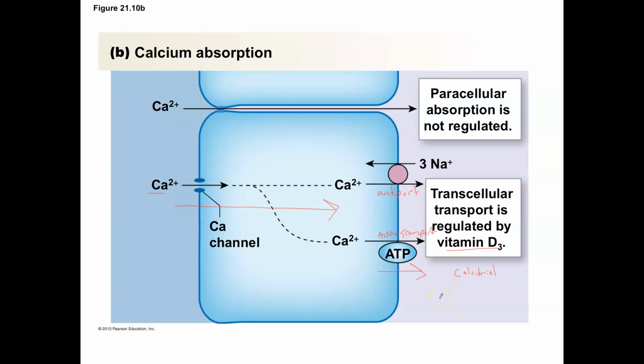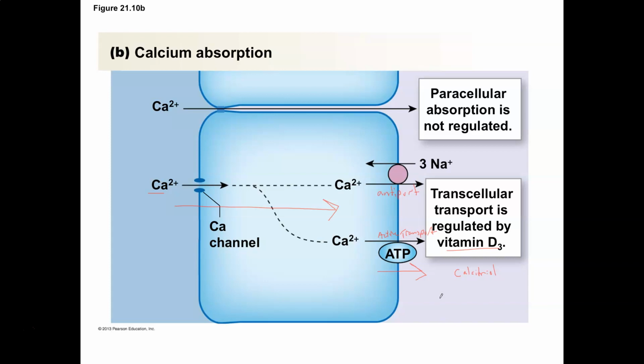So we use calcitriol to essentially enhance intestinal absorption of calcium. Whereas hepcidin, right, prevented iron from being absorbed, calcitriol increases the ability for calcium to be absorbed.